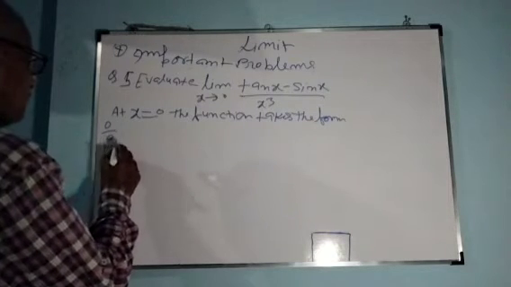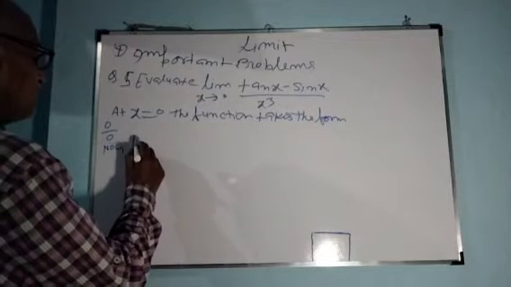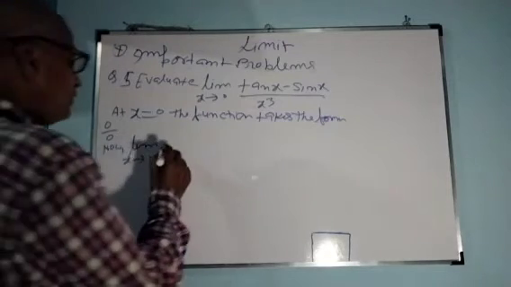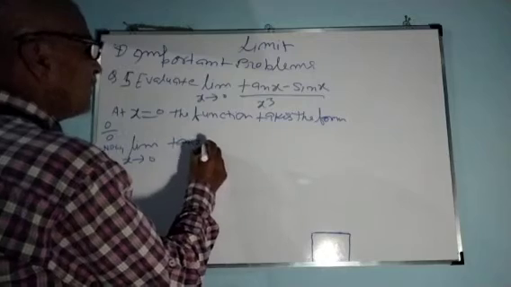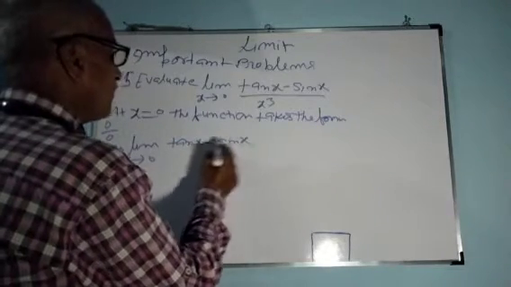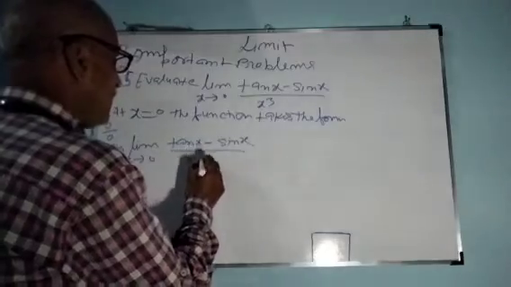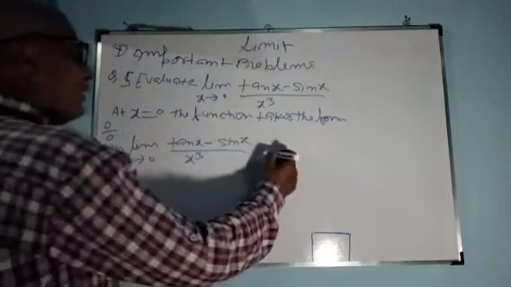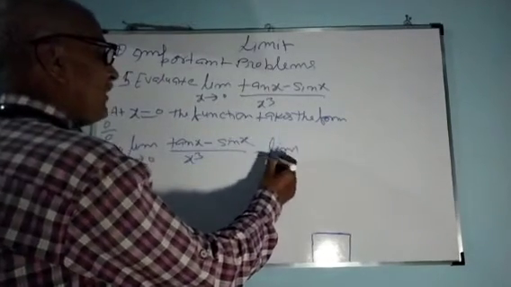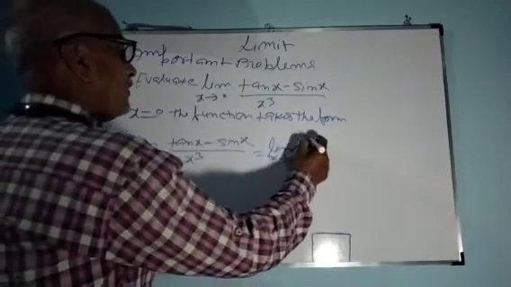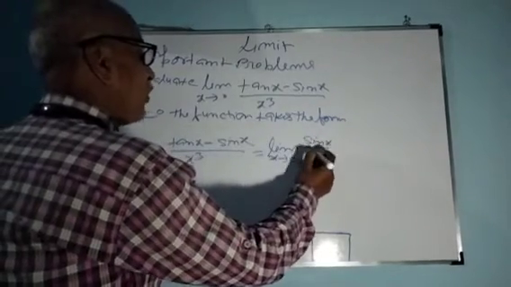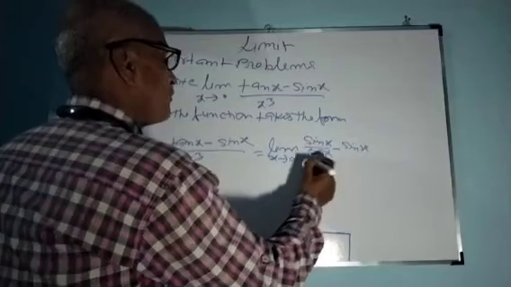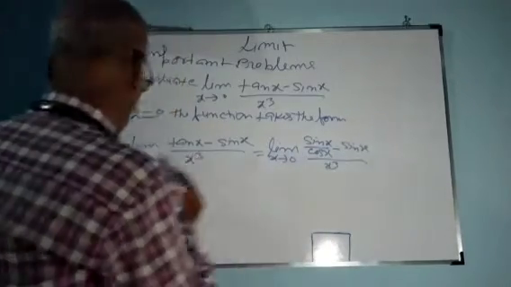Now limit x tends to 0, tan x minus sin x by x cube. This is equal to limit x tends to 0, sin x by cos x minus sin x by x cube.